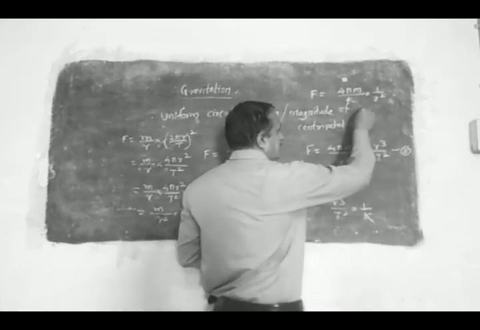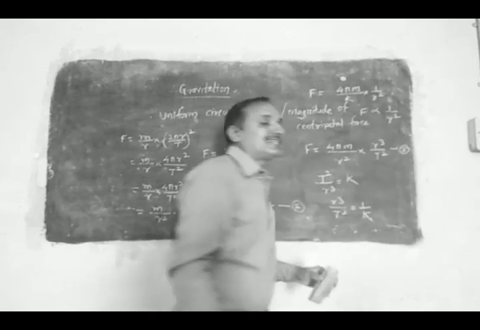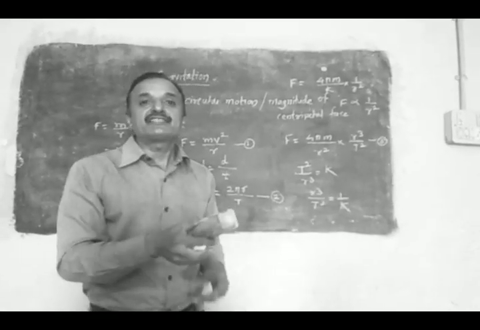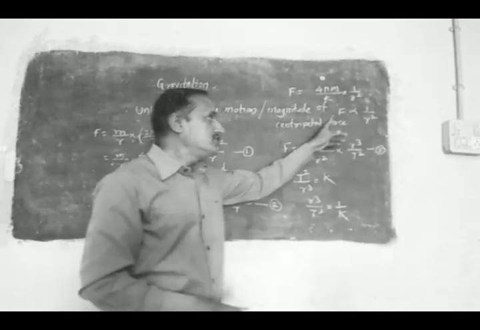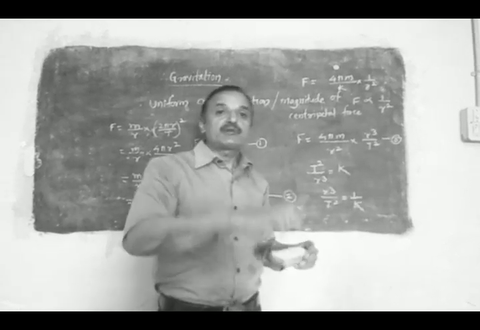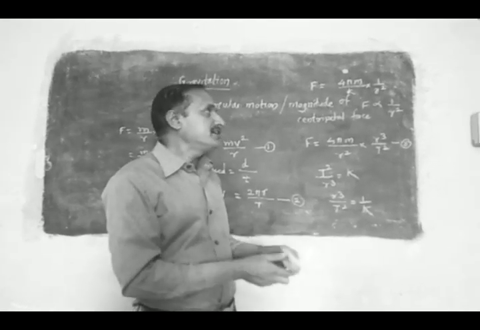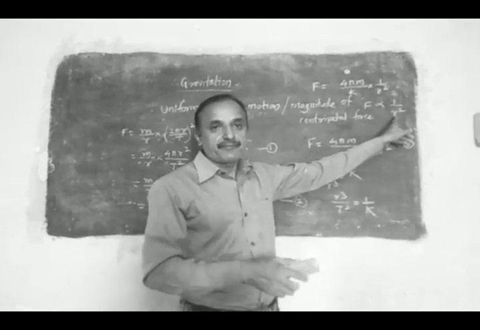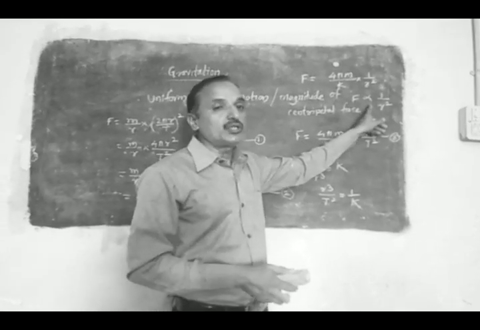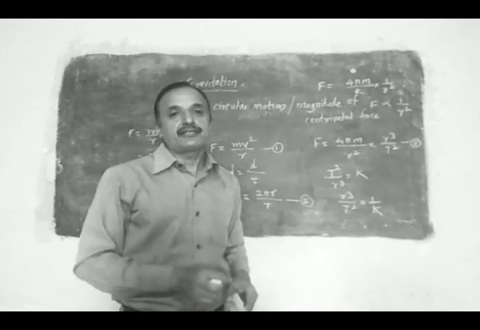So we can say that this force is inversely proportional to the square of the radius, because r is the radius of the circle. So if the planet is revolving around the sun, with radius r, then the centripetal force is inversely proportional to the square of the radius between the planet and the sun.